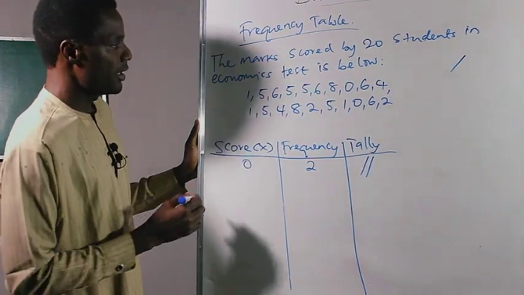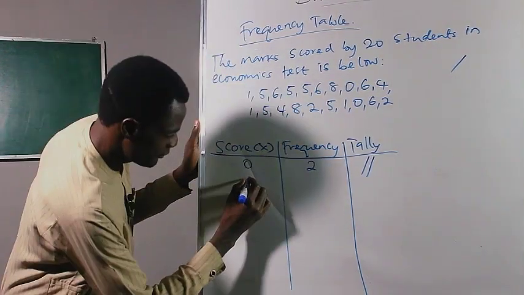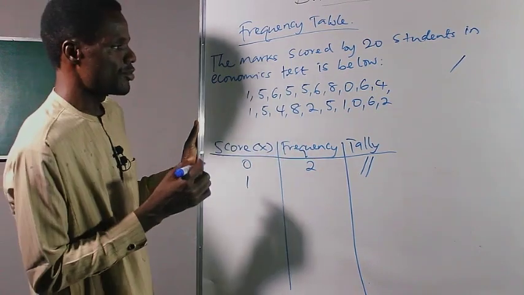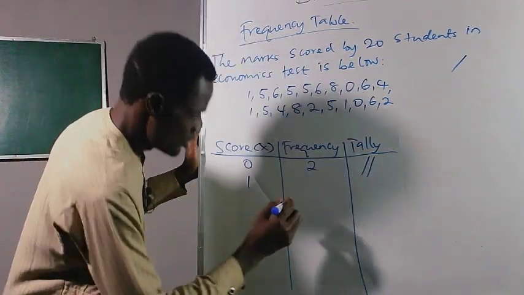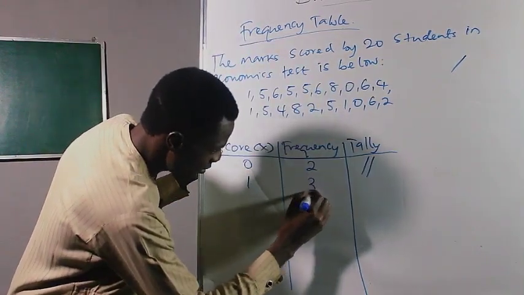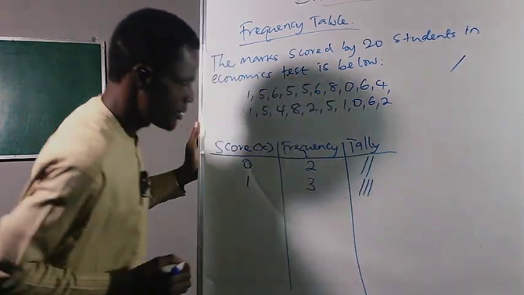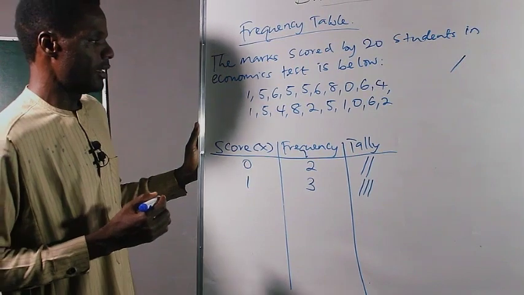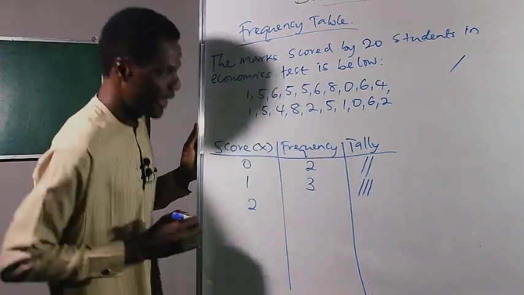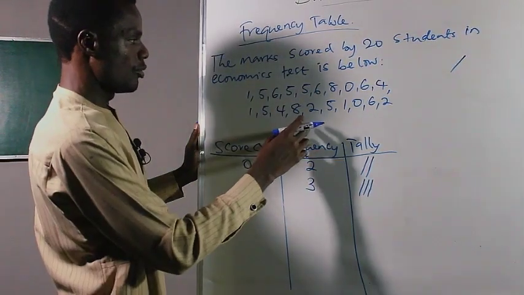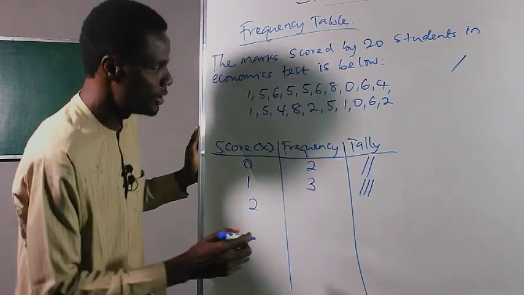The next one is 1. How many times does 1 appear? 1, 2, 3. So 1 has 3 frequencies. So it has 3 strokes. The next item is 2. So 2 appears only twice.